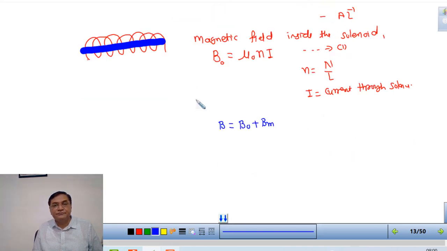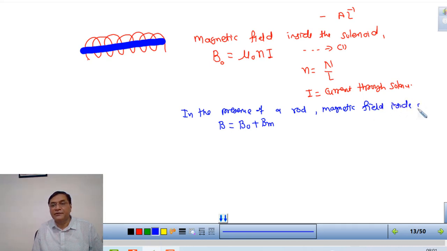What is BM? In the presence of a rod, the magnetic field inside the solenoid, where BM is the magnetic field due to the rod.